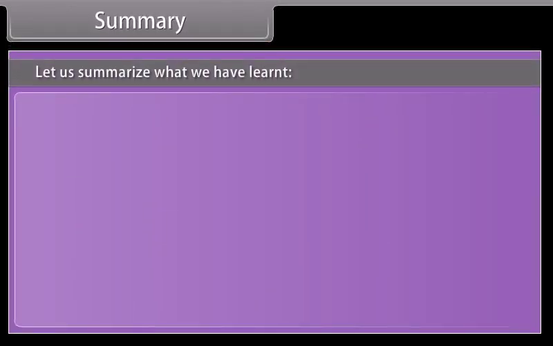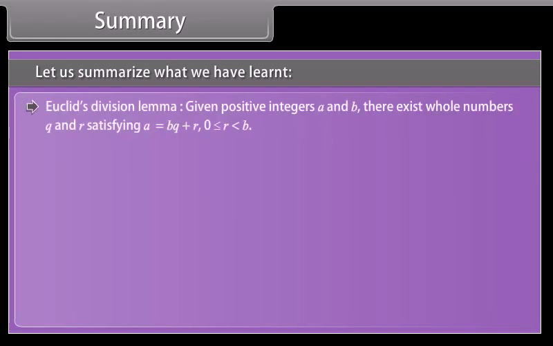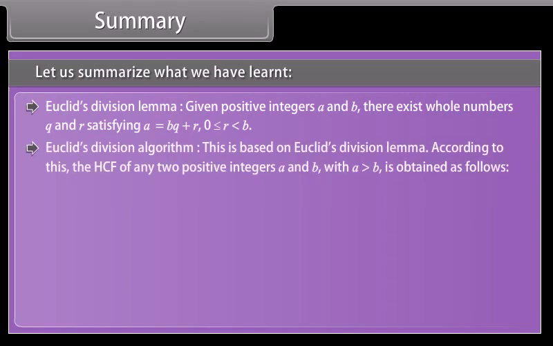Summary. Let us summarize what we have learned. Euclid's division lemma. Given positive integers a and b, there exist whole numbers q and r, satisfying a = bq + r, 0 is smaller than or equal to r is smaller than b. Euclid's division algorithm.